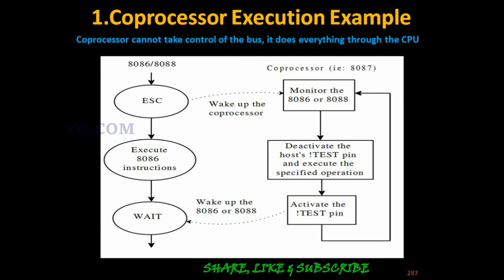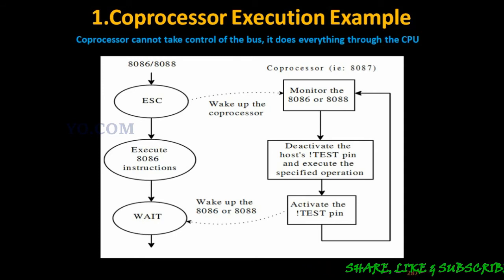Then it enters a wait state for the result. After the completion of the 8087 execution, it wakes up the 8086 microprocessor to go to the next work. So this is a simple flow chart of the coprocessor execution.